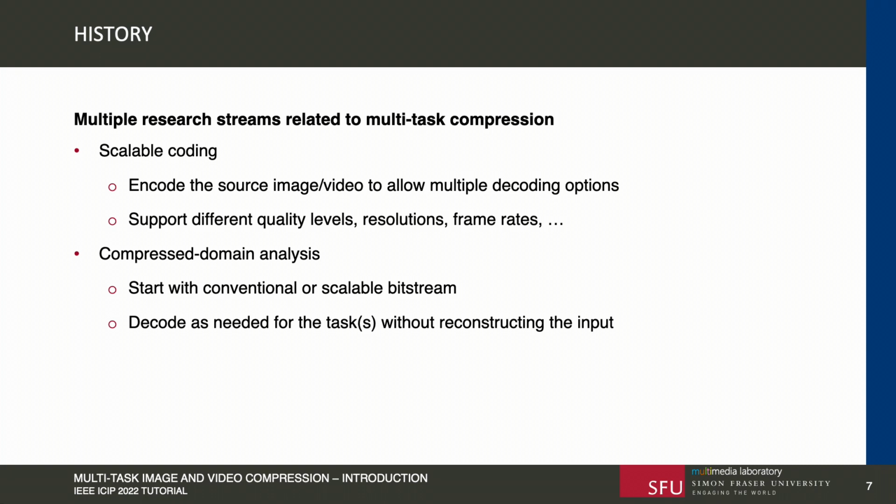Whereas in compressed domain analysis, we start with the conventional single task bitstream, or sometimes a scalable bitstream, and then decode as needed to support a specific task without reconstructing the input.